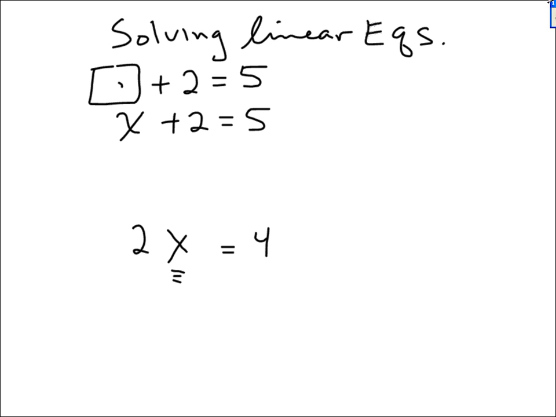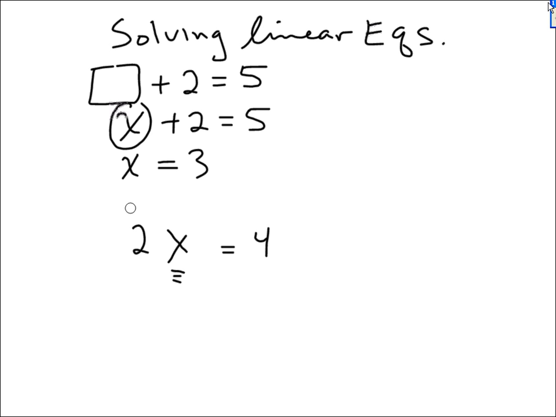Instead of asking what number goes in the box, we could have asked, what does the box equal? The box equals the number 3. Well, so does x. That must be 3. x must be 3. 3 plus 2 is 5 after all.